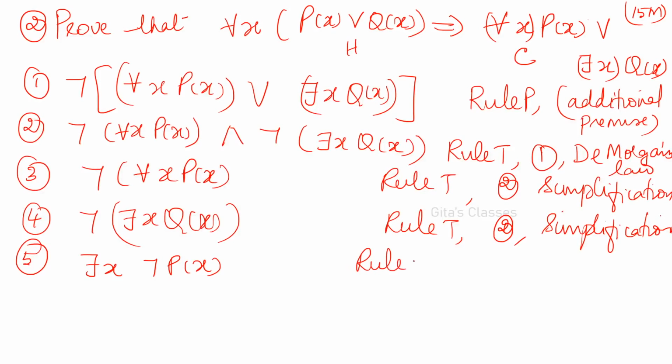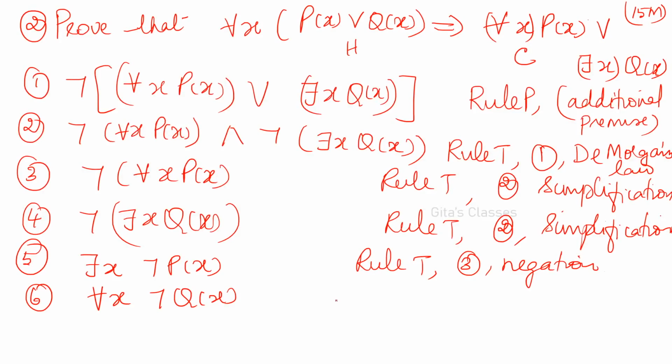Now I have applied rule T. You have taken the negation inside. Similarly, next step is this there exists will become for all x, negation of Q of x, rule T.